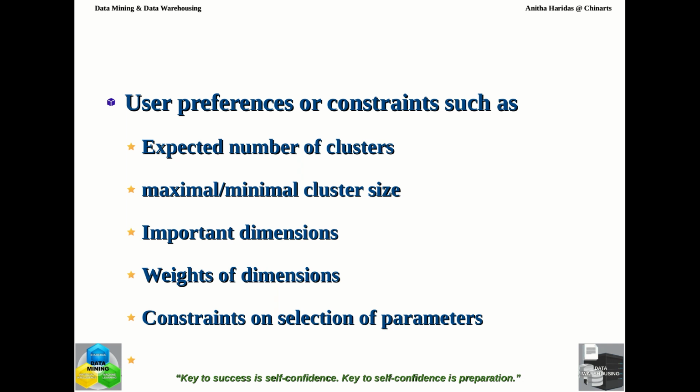Suppose, for example, if you want to calculate the pass percentage of your university, you are going to consider only a specific course, specific program or specific subject, then you call it a particular constraint. Or the selection of parameters, as I told you, if you have n number of attributes, you select only 4 parameters for clustering, then you call it a constraint.